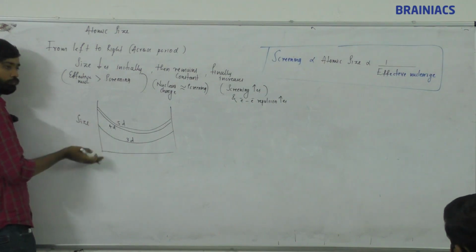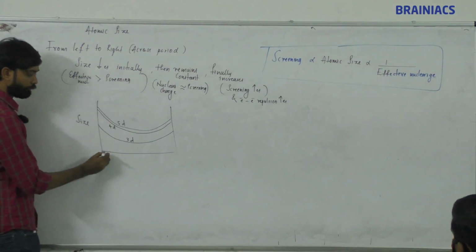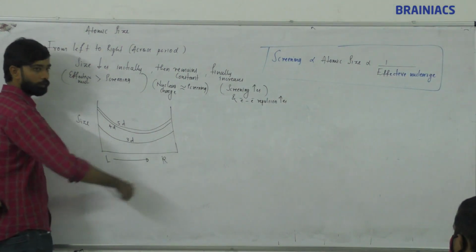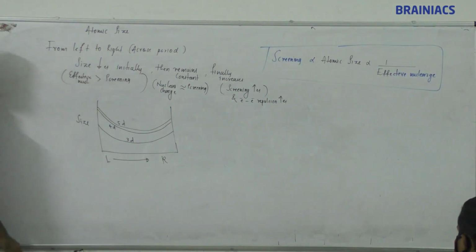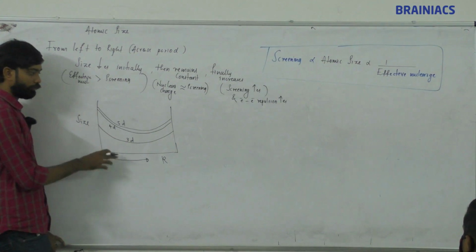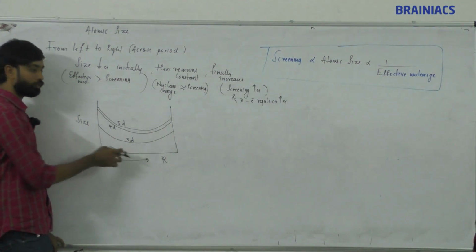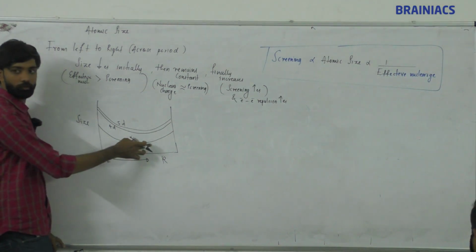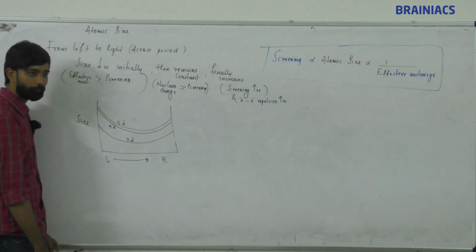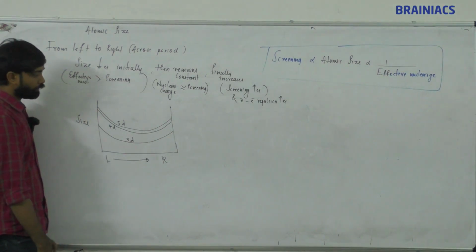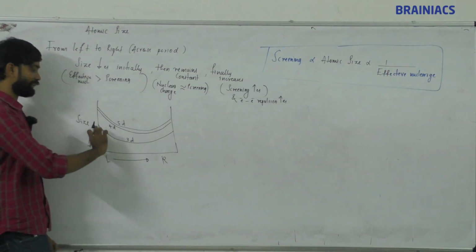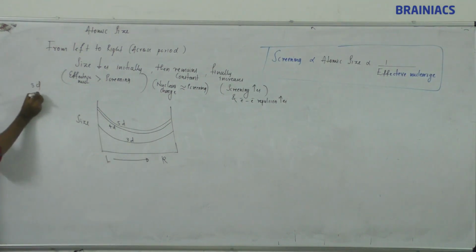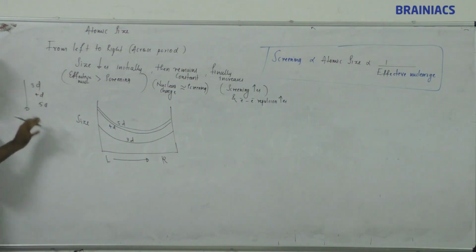From left to right, all have a general property: the size first decreases, then just increases. 3d is less than 4d, which means 3d, 4d, 5d: down the group size increases.